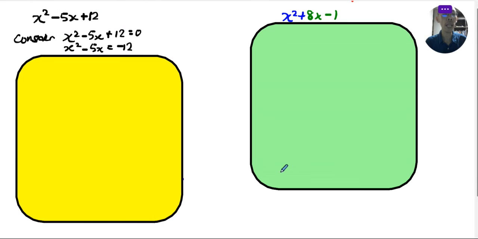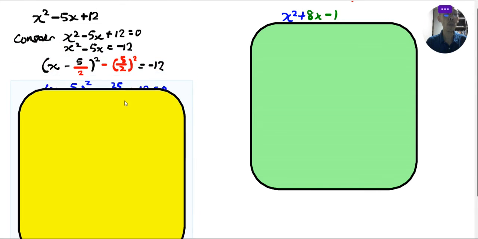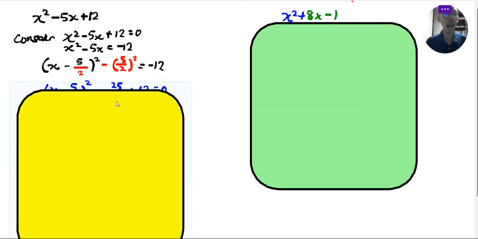So let us look at two quick examples. If you have x squared minus 5x plus 12, I'm going to consider this to be equal to 0. Put the plus 12 to the other side, so I consider only the terms with x. Next, this is 5, so I'm going to write x minus 5 over 2, everything squared, minus, this is always going to be minus, 5 over 2 everything squared.